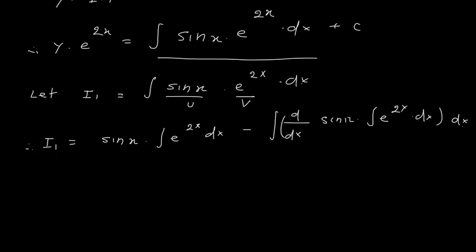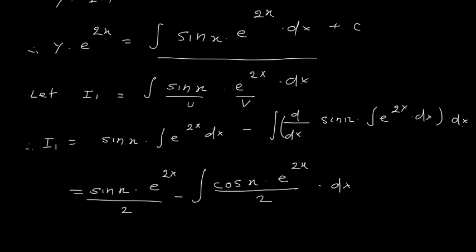So this is sin x, the integration of e power 2x is e power 2x upon 2, minus the integration of the derivative of sin x, which is cos x, into e power 2x divided by 2.